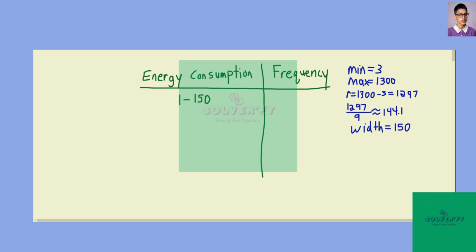And then to find our next class, we're going to add 150 to our first starting point, or since we know that it just goes from 1 to 150, we could just know that 151 comes next. But I'll go ahead and start adding 150 to each number to find our next starting point. And we'll have to do this for 9 separate classes.